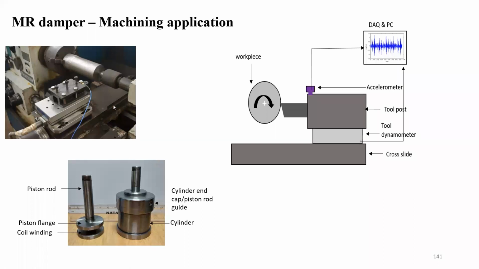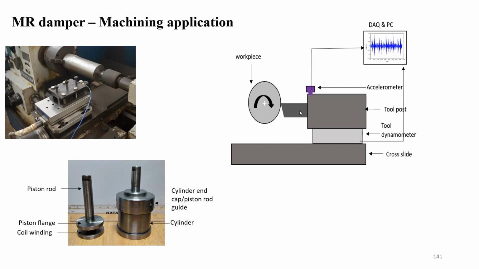And here, what we are showing is simple machining, where the tool vibration can be reduced by putting a damper filled with the MR fluid, and it need not be so large. Even nowadays people are putting small dampers in the tool.